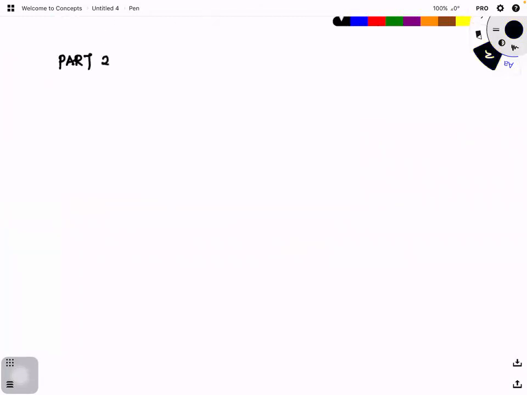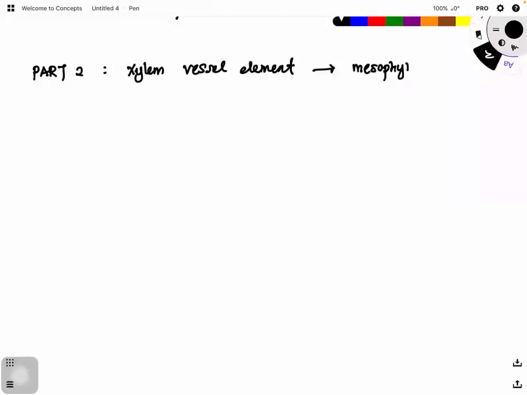Part two, from xylem vessel element to mesophyll cell. So it can be the cytoplasm, can be vacuole, can be cell wall. So we're going to look at these three processes.